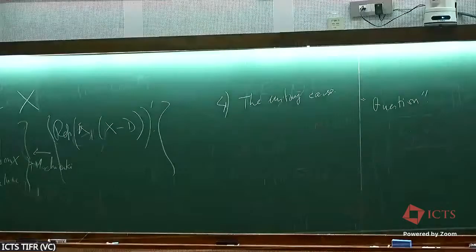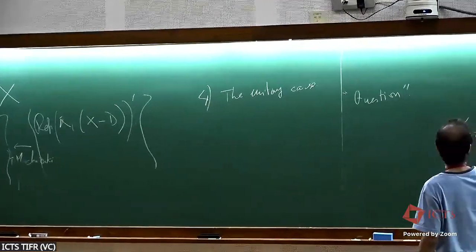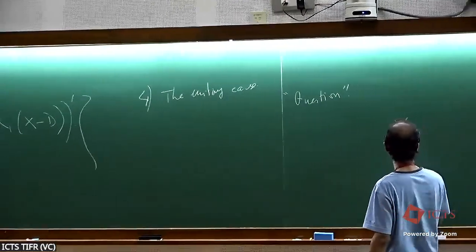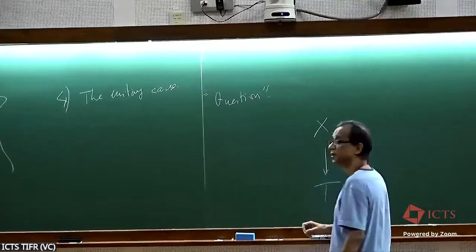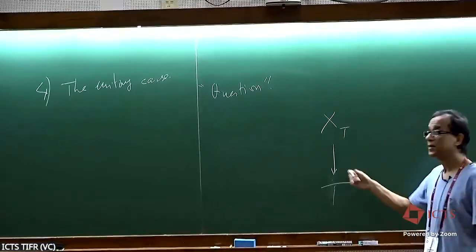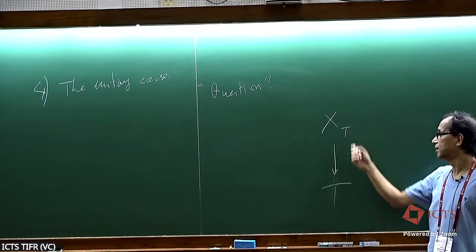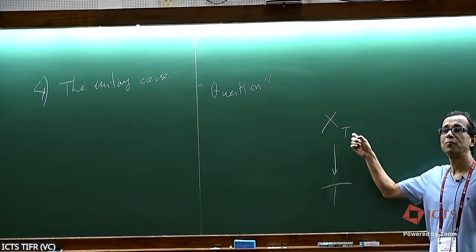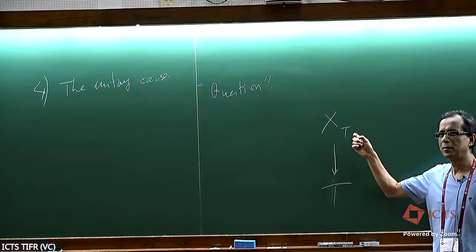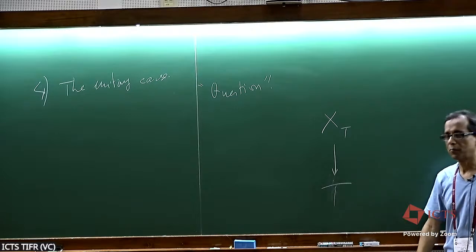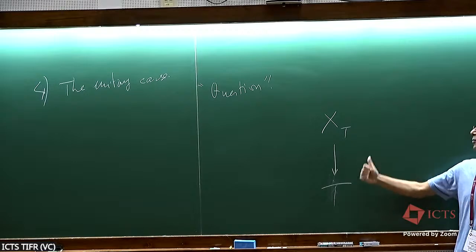Suppose you have a family of curves, a holomorphic family of Riemann surfaces parameterized by T. T is a complex manifold, this is a holomorphic submersion, and the fibers are compact connected complex manifolds of dimension 1.